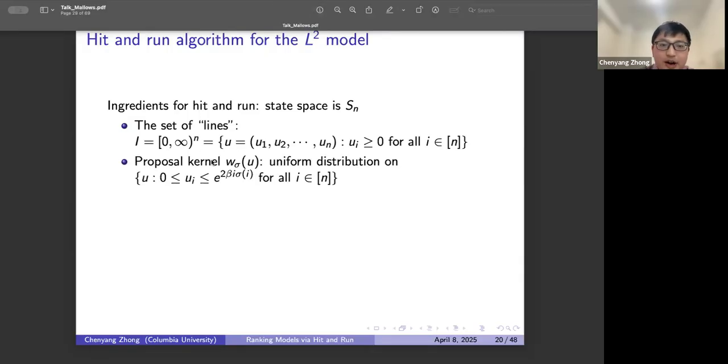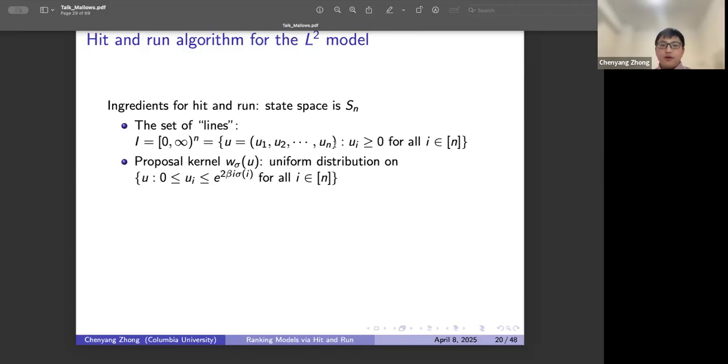And we can also specify a proposal kernel, which specifies, suppose we start from some permutation sigma. So the space of permutations plays the role of script X in the general algorithm description. And we need to specify a way to jump from x to I. So given a permutation sigma, we want to see what kind of u, which involves u1 up to un, we should draw.